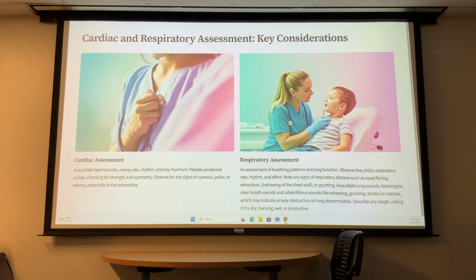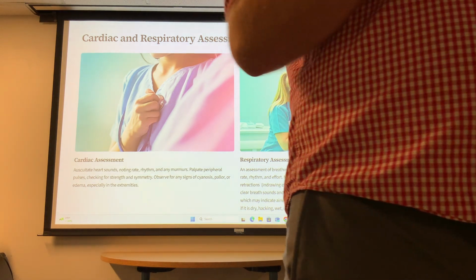In addition to looking for those things, what are we listening for? Normal lung sounds is what we want to hear, right? But abnormal things like crackles, wheezing, stridor, right? Differentiating between upper breath sounds and lower breath sounds.